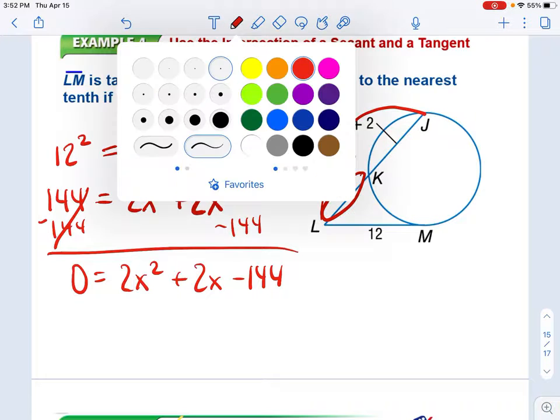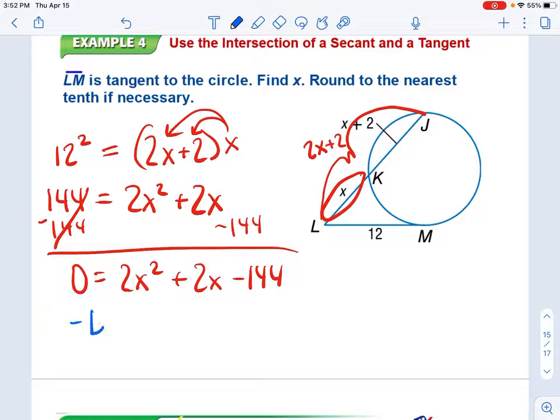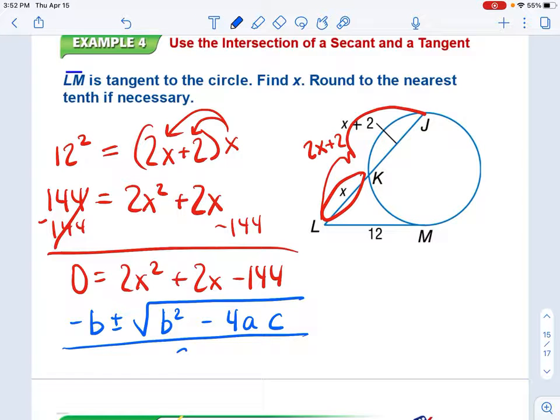So I'm going to pull up the quadratic formula. And then I'm going to plug in my numbers for my letters.